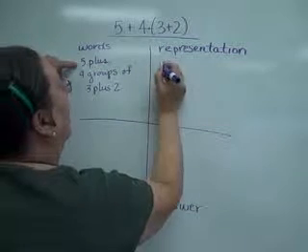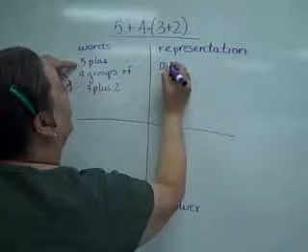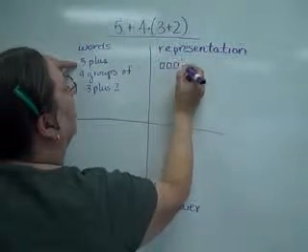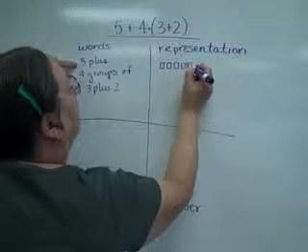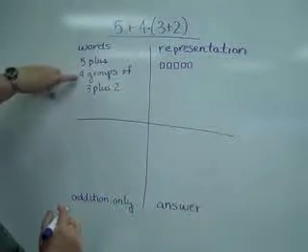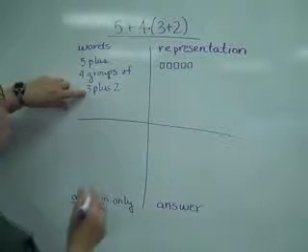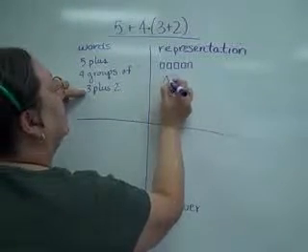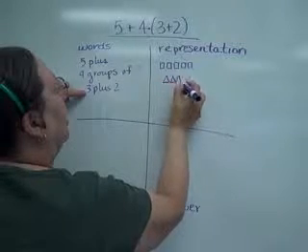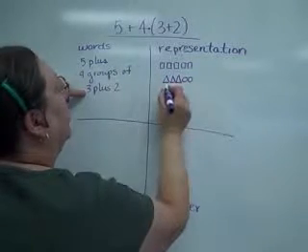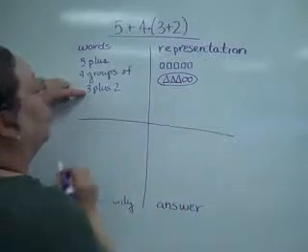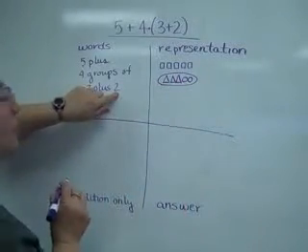Okay, so now let's do a representation. I've got the 5, and I'm going to use different figures here but it's not necessary. It just is more obvious when I come down here and I say 4 groups of 3 plus 2. So that means a 3 and a 2. This would be one group of 3 plus 2.